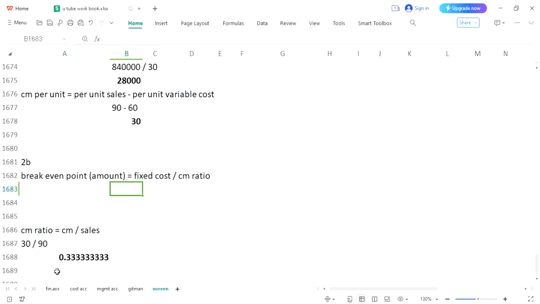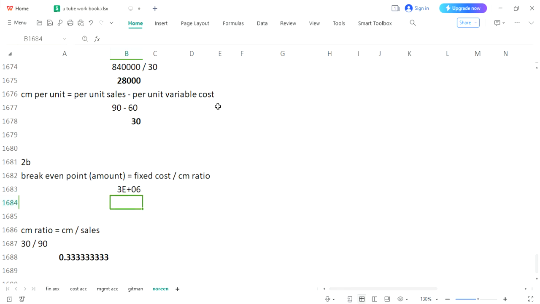We are now open to calculate our break-even point, for which we need fixed cost. And as you can see, 840,000 was used, we remember. So we are putting 840,000 as fixed cost divided by CM ratio, which is calculated over here. I suggest you not to write few decimals, write as many decimals as you can.